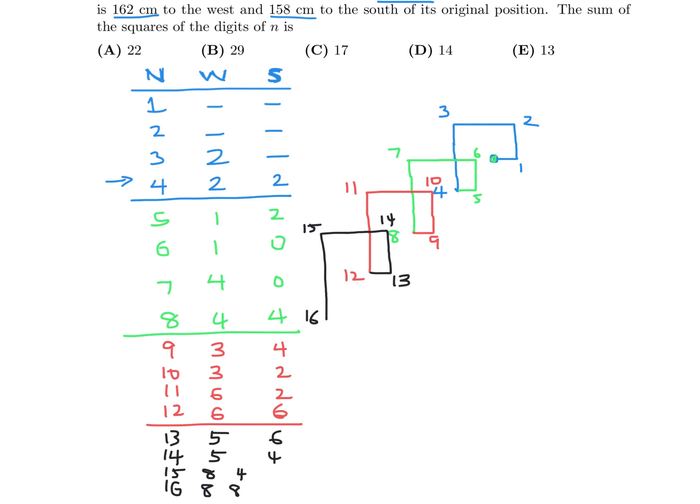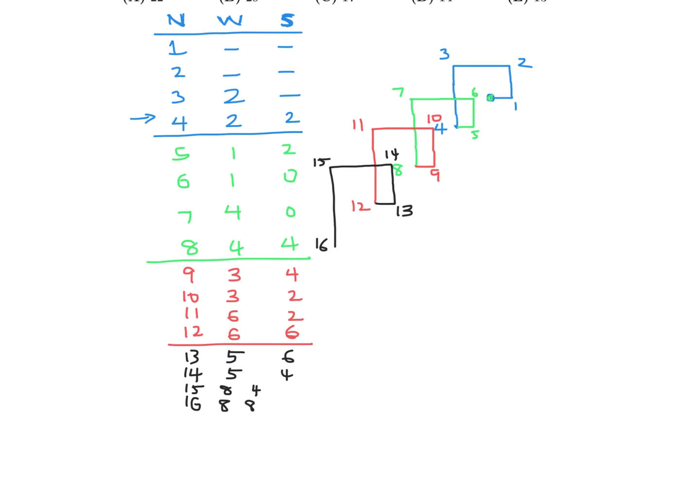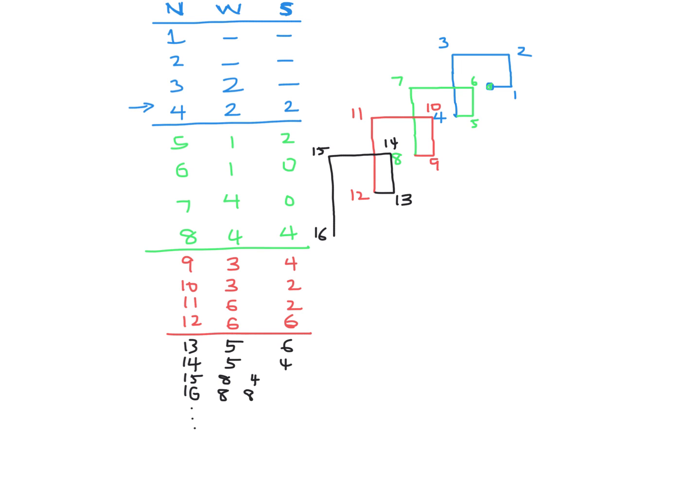Okay, I think at that point you get the idea of the pattern. Now, we have to eventually get to 162 and 158. So dot, dot, dot. Eventually, we have to get to where this is 162 and this is 158. So how do we do that? And what value of n is that?